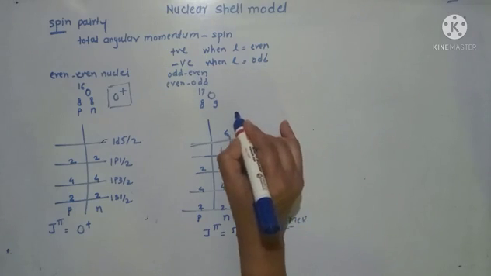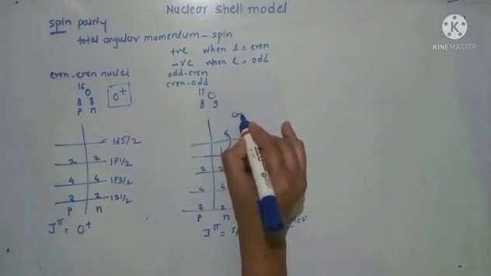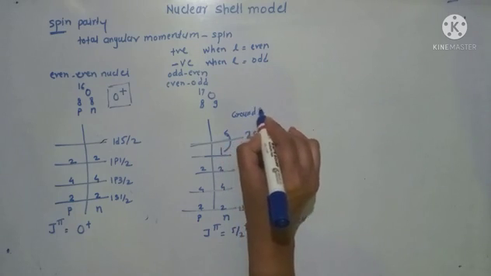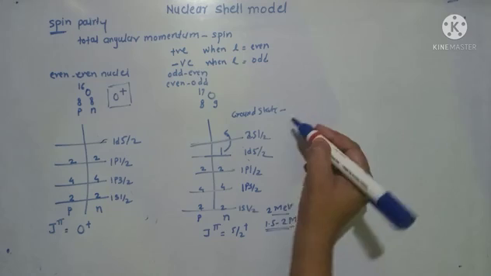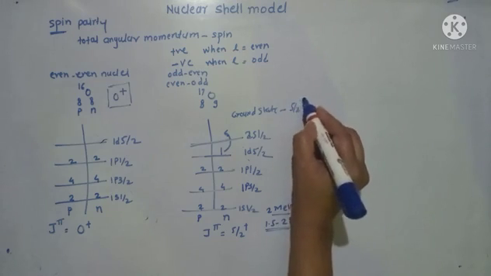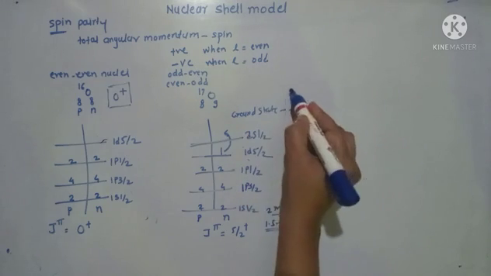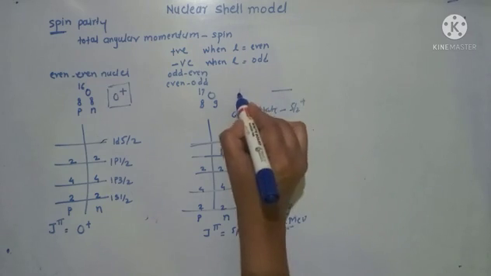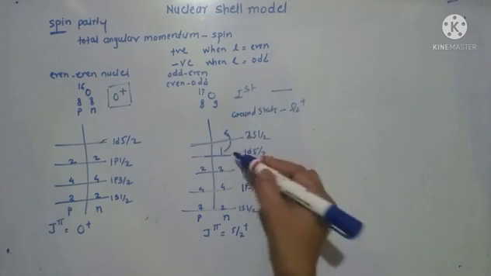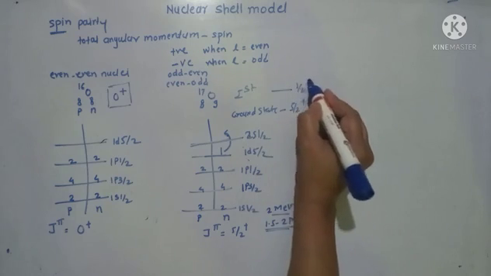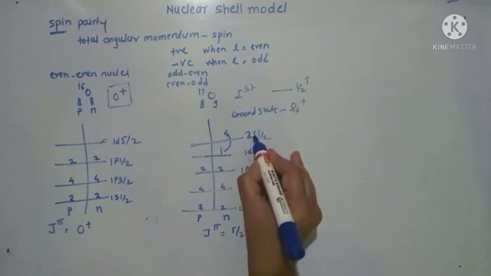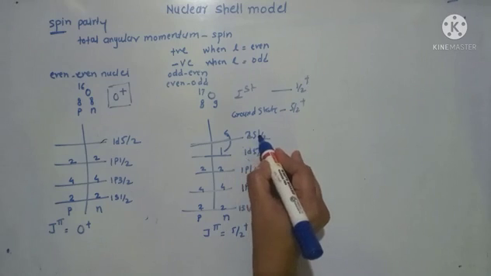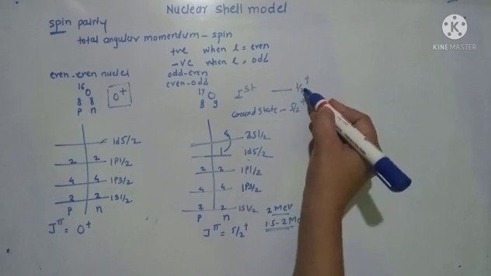The ground state spin parity was 5/2 plus. Now the first excited state will be 1/2 plus, as for s, L is equal to 0, therefore the parity will be positive.